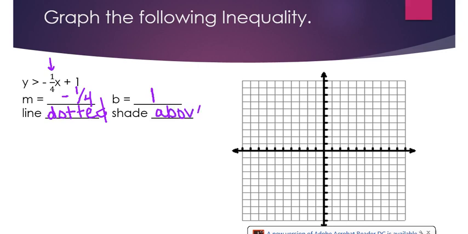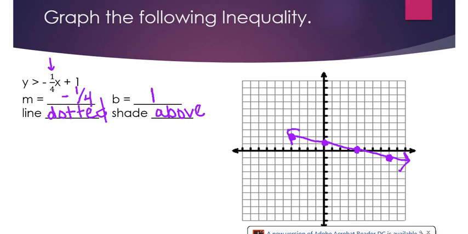Okay? So now all we have to do is start at our y-intercept, which is 1. Then we go down 1 over 4. And we'll do that again. And we may as well go back 4 also. So we'll go up 1, back 4. And there is your equation.